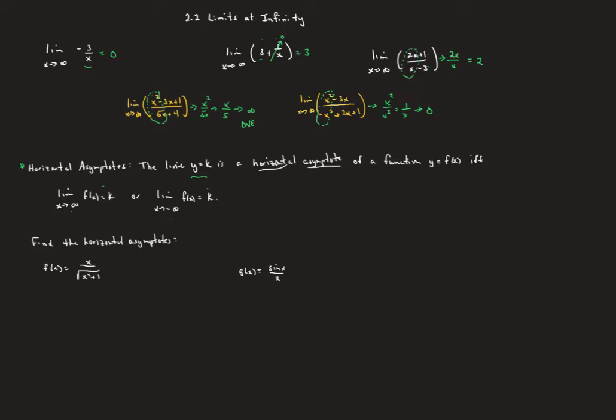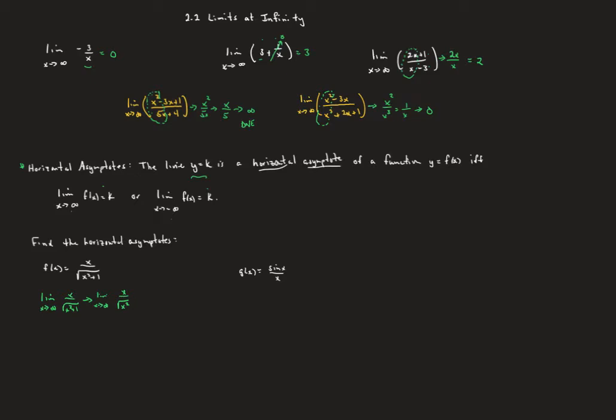The first one, now this is not a rational function, but we can take first the limit as x goes to positive infinity. And so as x gets really, really big, we see, well, inside that radical, that plus 1 is pretty insignificant as x goes to 100, 1,000, 1,000,000. So that will look more and more like x over the square root of x squared.